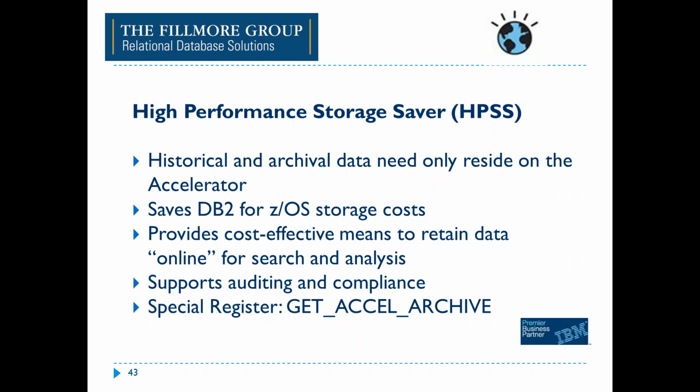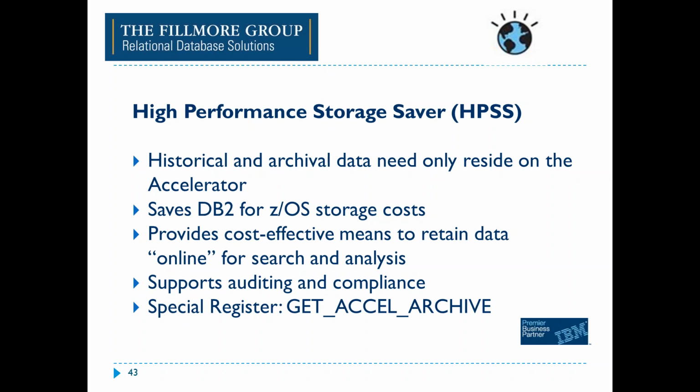So as I hit August of 2019, which we're in right now, when this month completes, this will be a month, August of 2018, that I could archive, because I will have my 12 months online. I can put that August 2018 in IDAA. It no longer needs to reside in Db2 for z/OS.